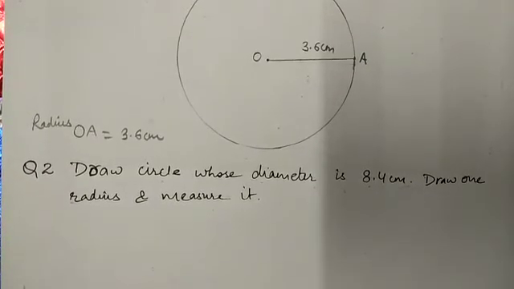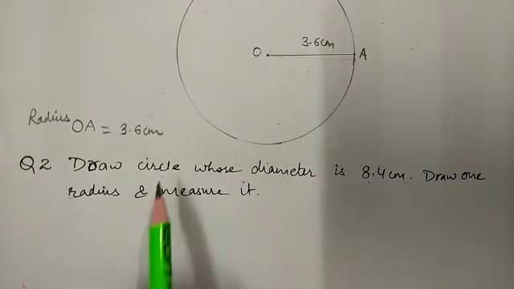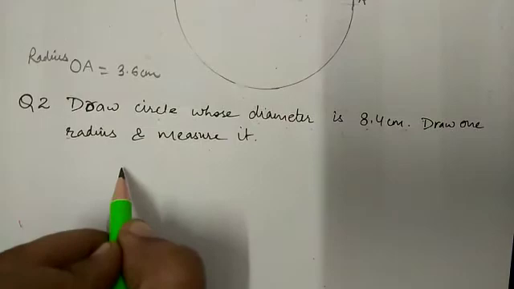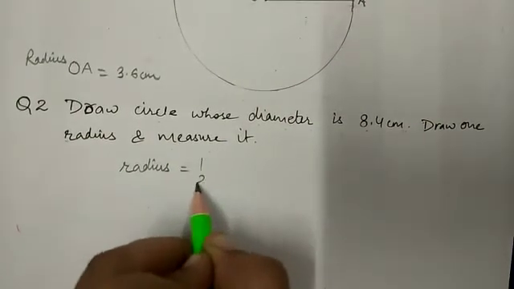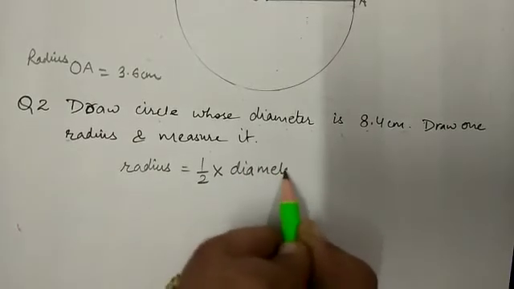Always remember students, whenever we have to draw a circle, we must know its radius. If radius is not given, with the help of its diameter, we will find its radius. We all know the formula for finding the radius of a circle, that is equal to half into diameter.